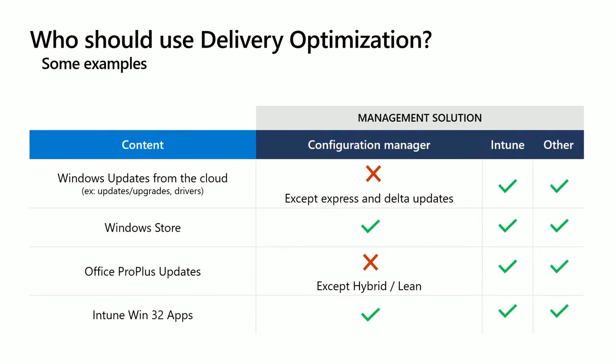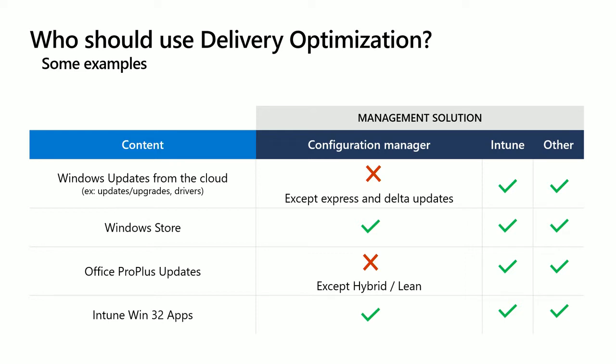So we prepared this little chart just to help explain what content is currently supported and which content is not. For instance, if you're 100% Intune managed, you are going to be able to leverage delivery optimization for Win32 apps and in the future MSIX apps.